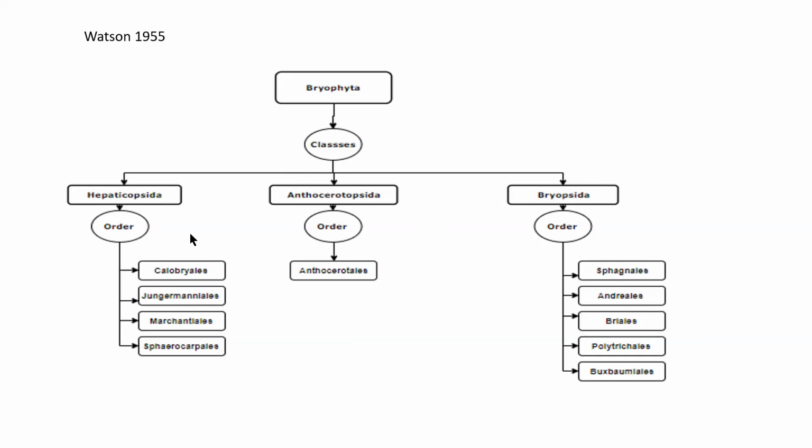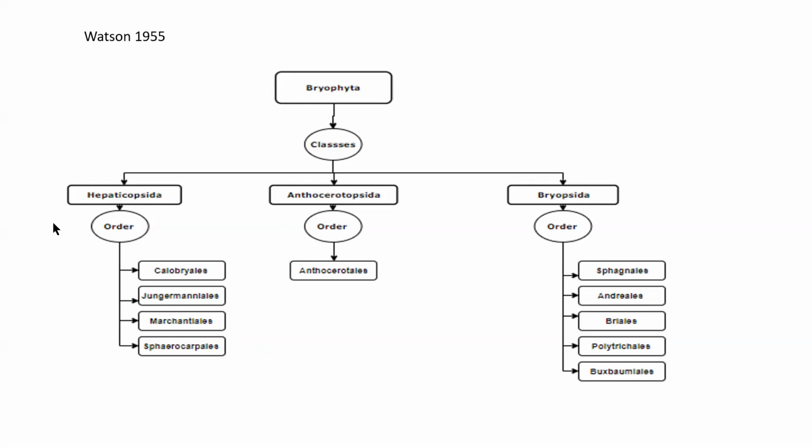Under Hepaticopsida, you have these four orders: Calobryales, Jungermanniales, Marchantiales, Sphaerocarpales. Under Anthoceratopsida, you have only one order, Anthocerotales. And under Bryopsida, you have five orders: Sphagnales, Andreaeales, Bryales, Polytrichales, and Buxbaumiales.